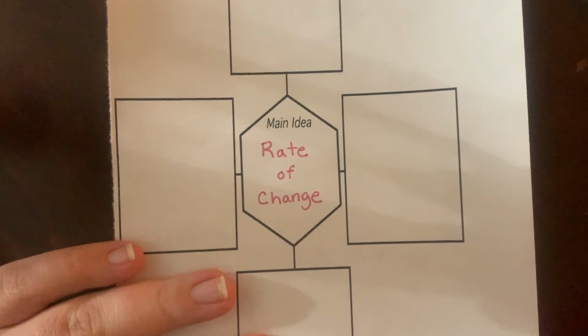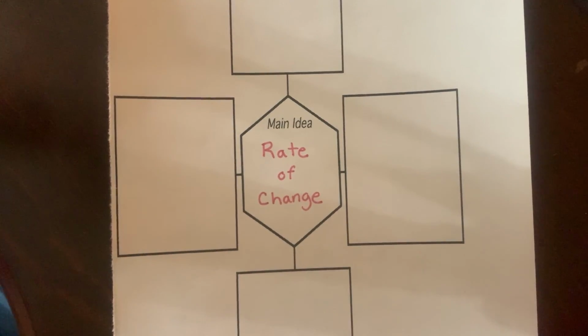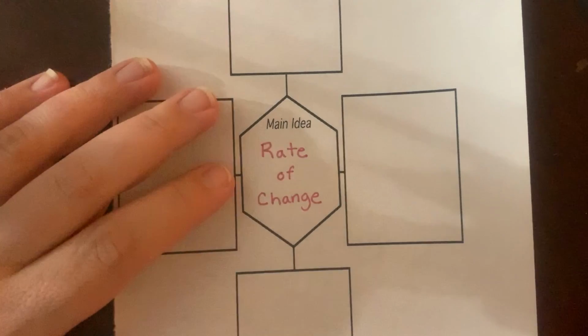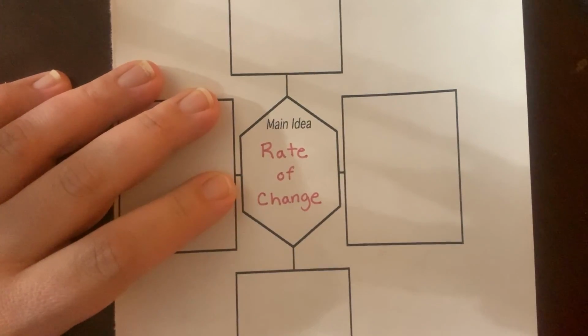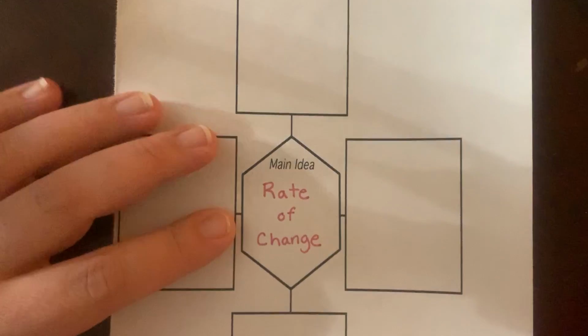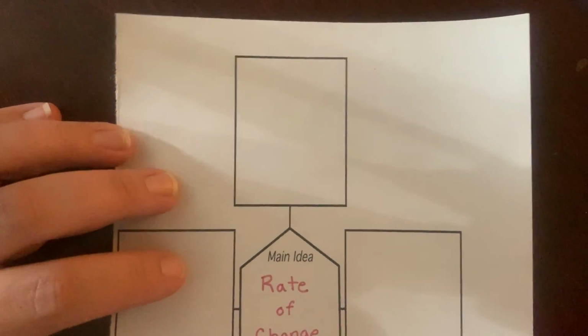In your rate of change organizer, we're going to start with writing our main idea, rate of change, in the center. And then we're going to go up here and fill in the definition.